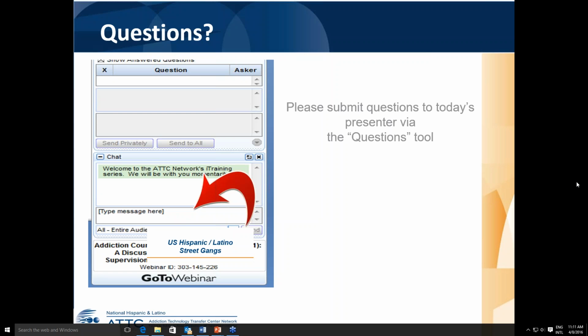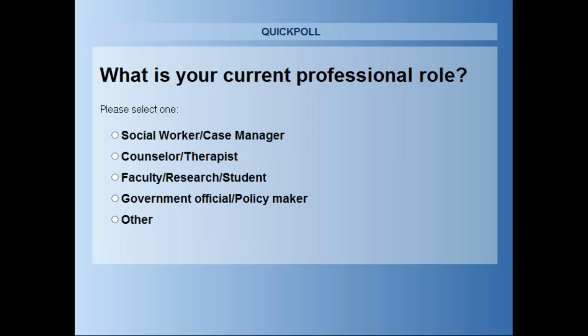What is your current professional role? Okay, so here we have 40% social work, case manager, 14% counselor therapist, 5% faculty, 14% government policymaker, and 29% other.